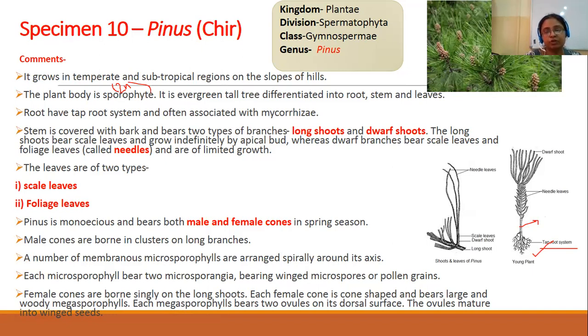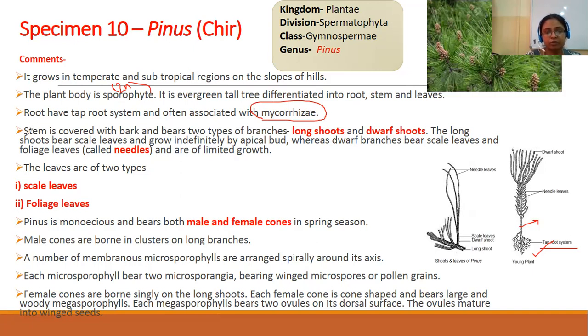This is the peculiar feature of this plant: since they grow in the subtropical region, their leaves are modified into needles. The taproot system is also well developed, and it remains associated with mycorrhiza, that is the fungi. So here you can find the fungal association in the form of mycorrhiza.